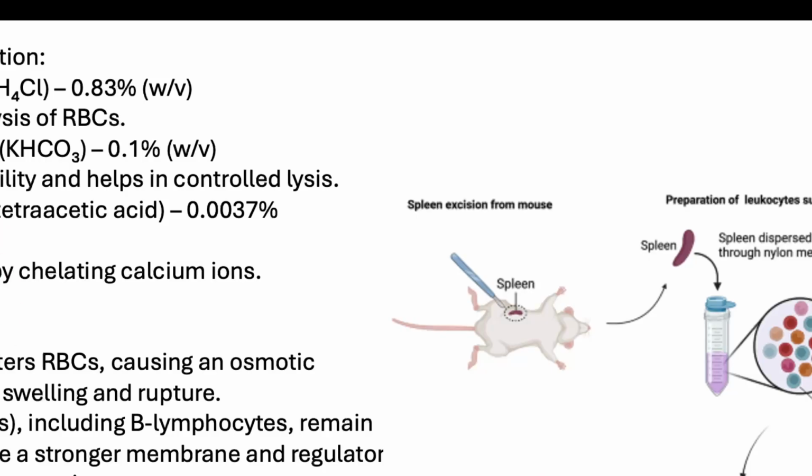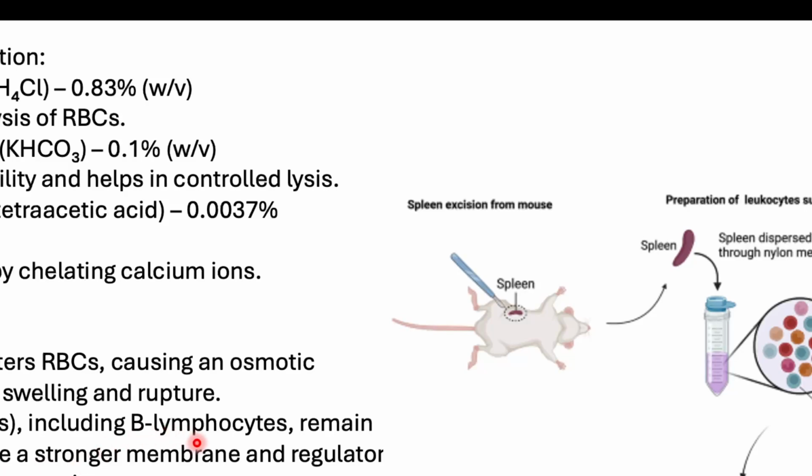Mechanism of RBC lysis: ammonium chloride present in Gray's solution enters the RBC, causing an osmotic imbalance that leads to swelling and rupture. So in a hypotonic solution, ammonium chloride goes inside, increases the osmotic pressure inside the RBC, which leads to water flowing inside the RBC. Now the RBC will swell up and burst.